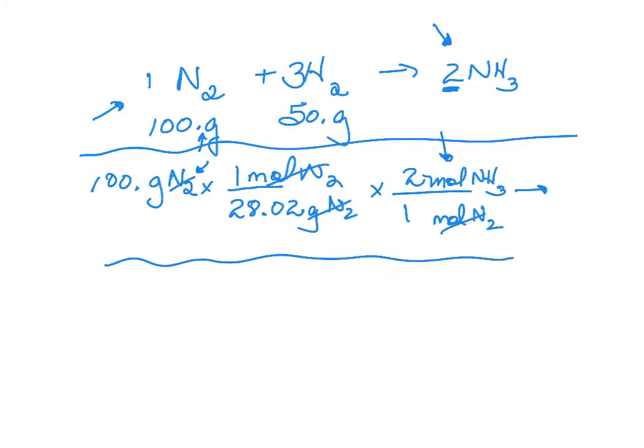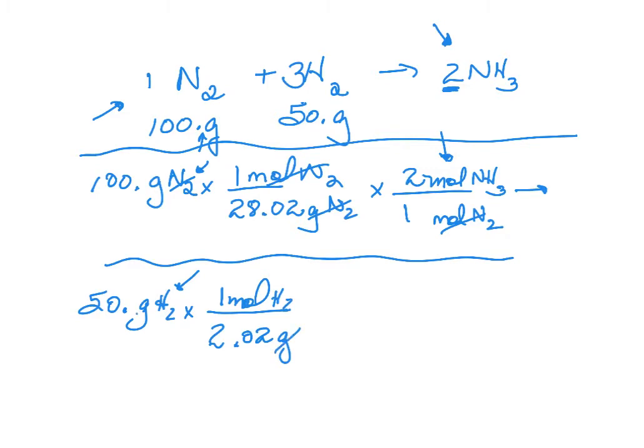Now I'm going to do the same thing for hydrogen, and I'm going to figure out how much NH3 that 50 grams of hydrogen can make. So hydrogen's another diatomic, so be careful. For its molar mass, I need 2 hydrogen atoms.